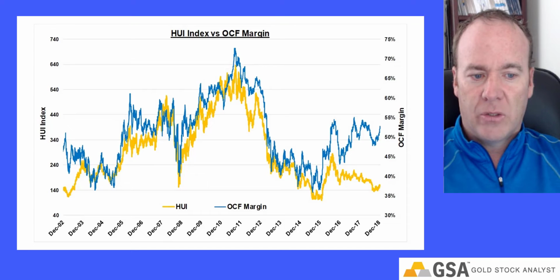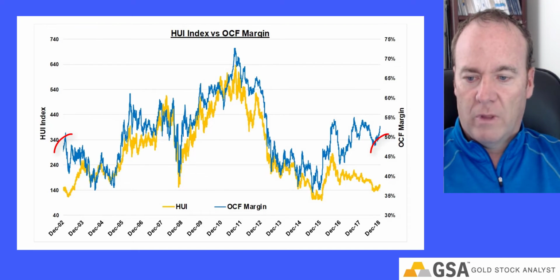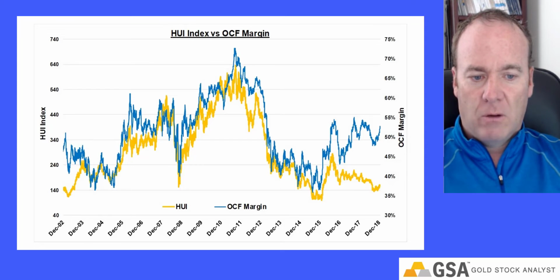If you look at this, you can see that there's a really tight correlation between the HUI index and gold, and the OCF margin in blue. OCF margin back in 2002 was about 45%. Right now, due to the price of gold increasing, the OCF margin is close to 50, I don't know, 55%.